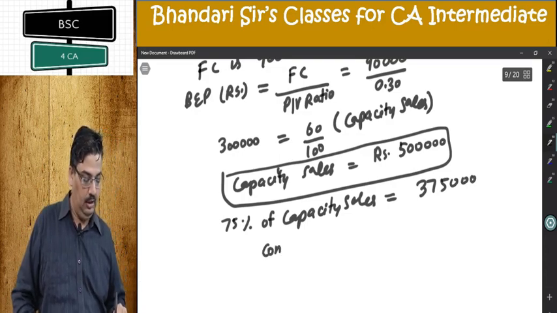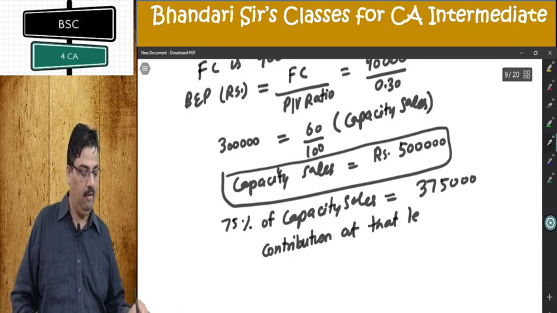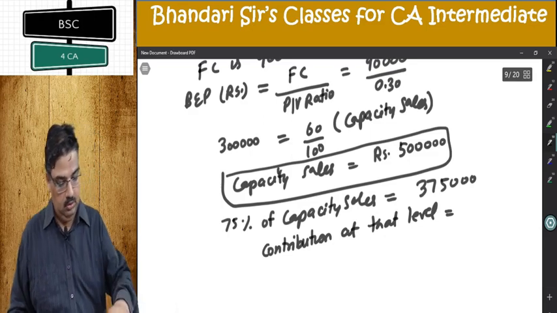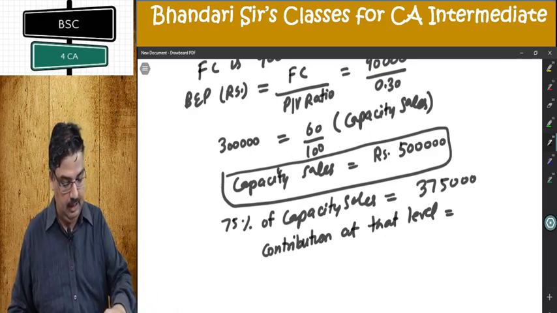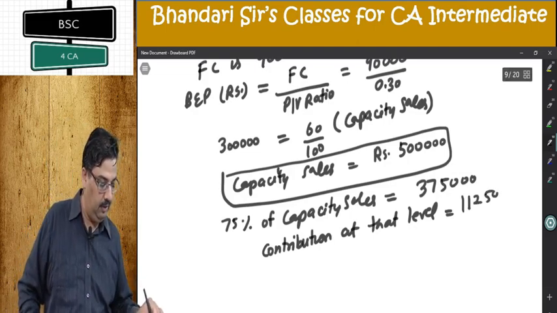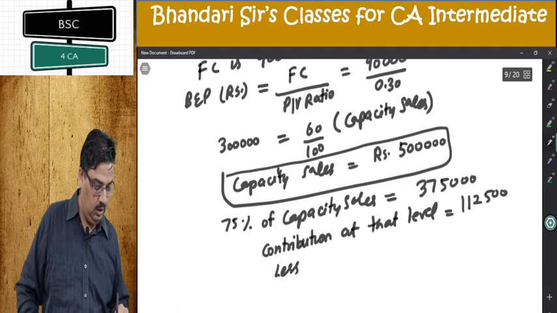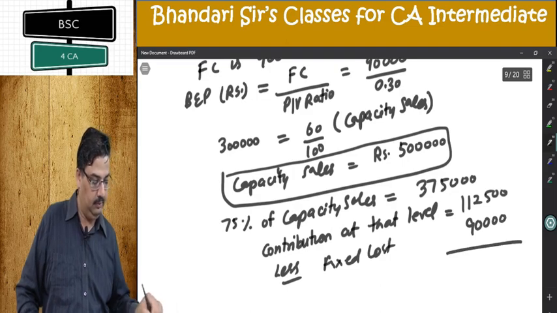Now contribution at that level is 30% of 3,75,000, which is 1,12,500, less fixed cost 90,000.